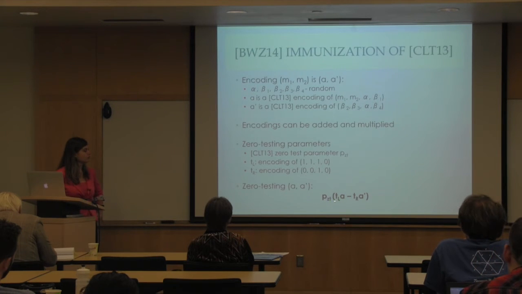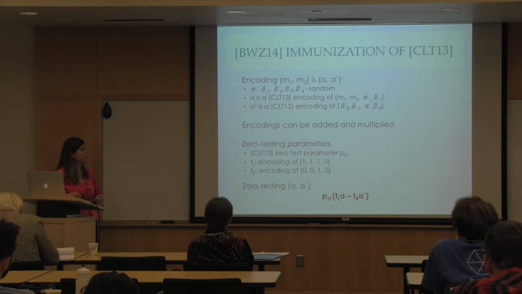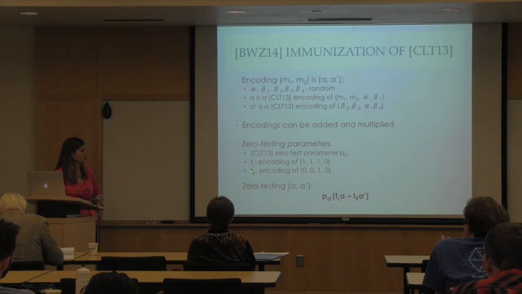The zero test will first multiply this T sub L with the first encoding A. What this will do is cancel out the last random component. Then we will also multiply the second zero test parameter T sub R with our second component in the encoding. This will cancel all the random components except alpha.